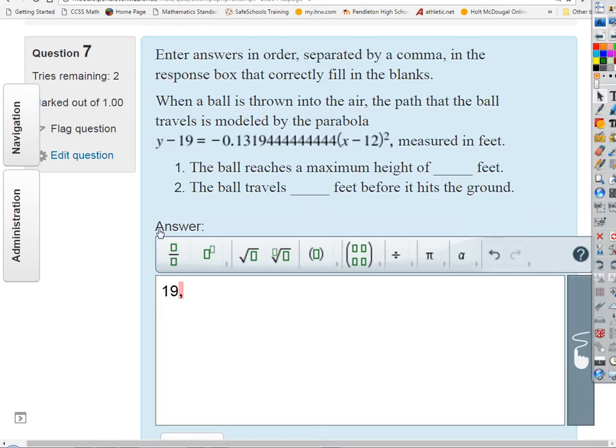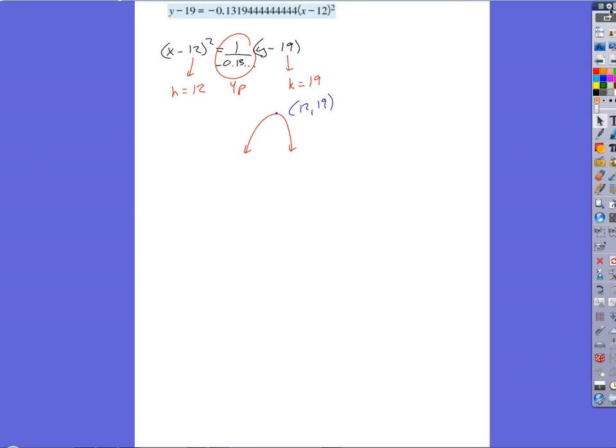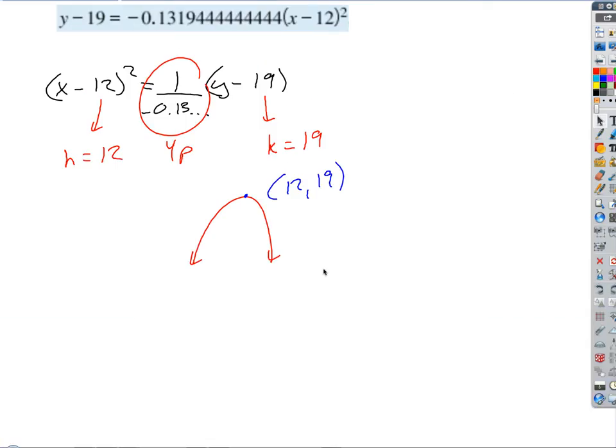And then they want to know the ball travels how many feet before it hits the ground. Well, to get to the highest point, the ball had to travel an x distance of 12, right?